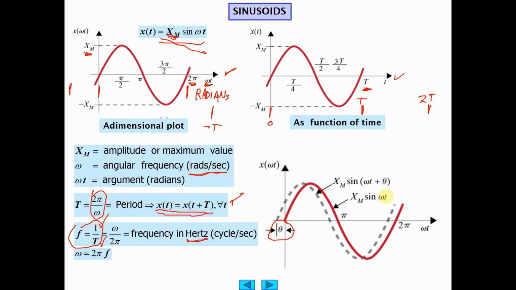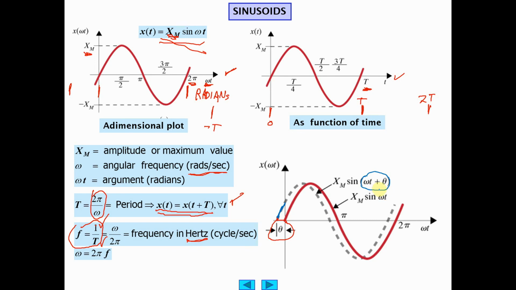Theta is the phase angle. The gray wave starts before the red wave. And because they're using red all the time, I'm going to change the color on my ink. There, I'll change it to blue. So it leads. It happens before. When you have a phase angle that's leading, theta is a positive number.